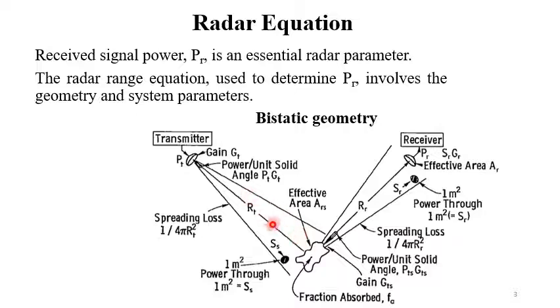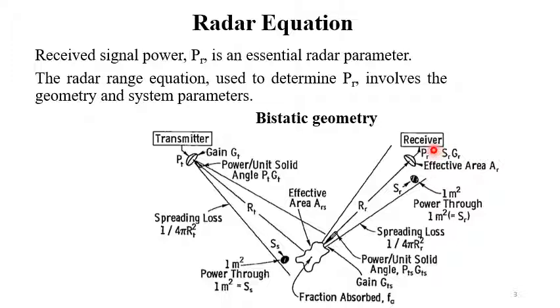Now the power coming from the transmitter will be incident on the target or scatterer. Out of that, a fraction of that power will be absorbed by the target, and that may be converted into heat or something else. The rest of the power will be re-radiated by the target. So a portion of the re-radiated power will come to the receiver.